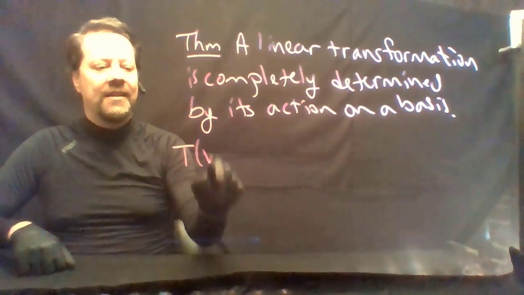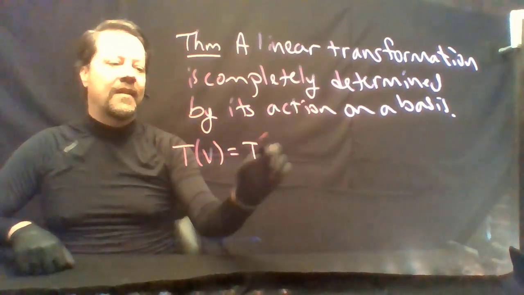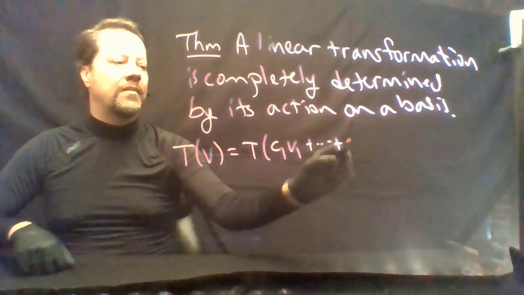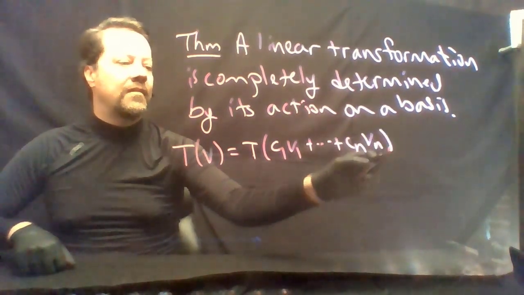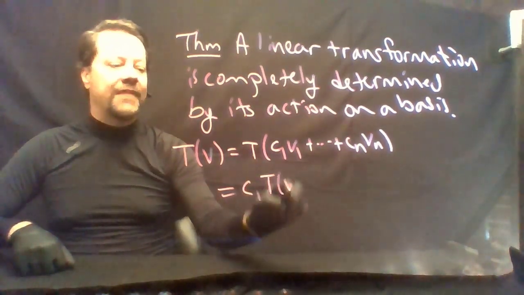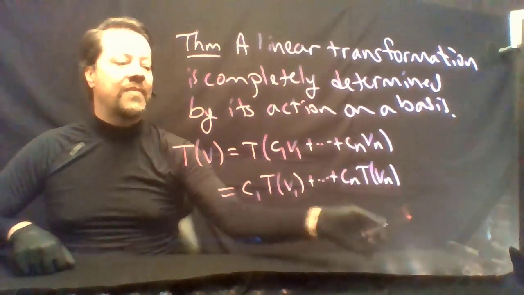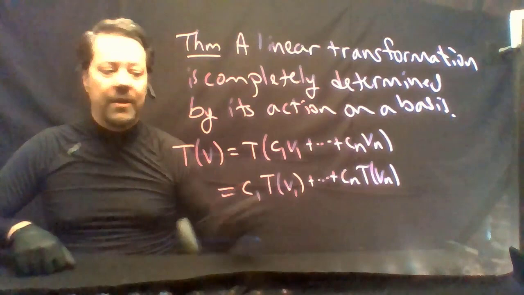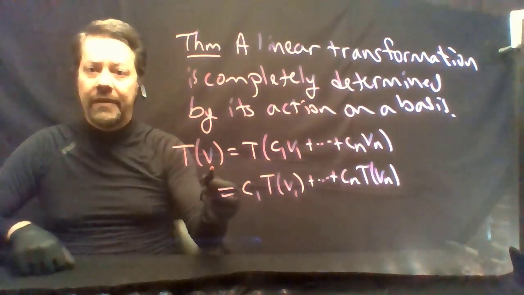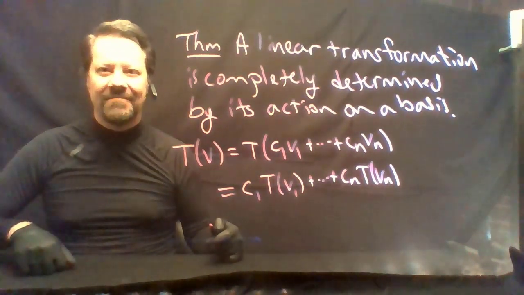It's because if I take some T of V, V can be expressed uniquely as a linear combination of elements of the basis. By the properties of linearity, I get C1 T of V1 through Cn T of Vn. So if I've already determined what the linear transformation does to elements of the basis, I can figure out what it does to anything else by taking the appropriate linear combination.